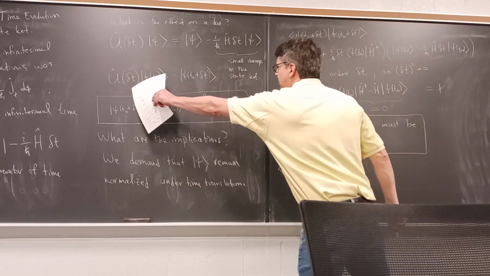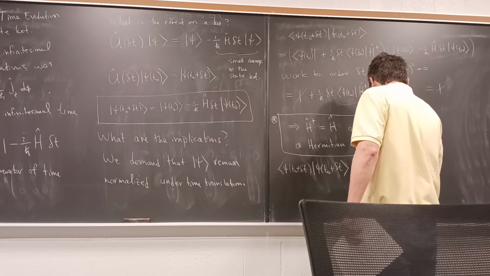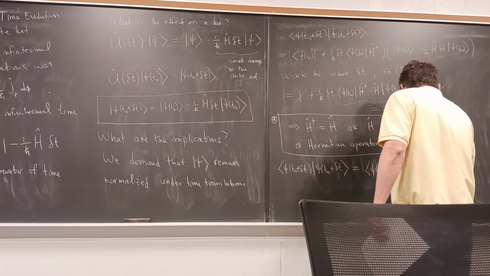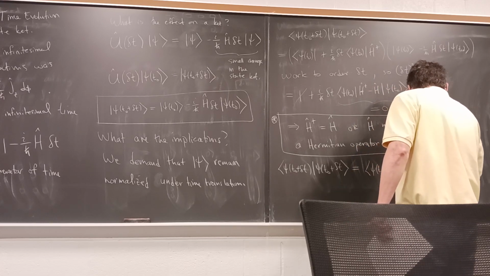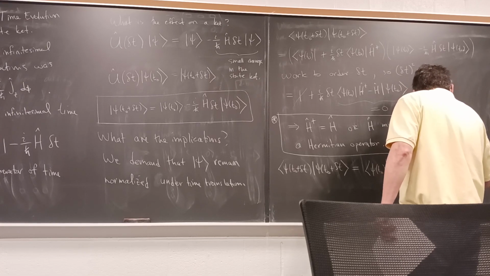I can write it as u of delta t times that. So this is just psi at t0 times u hat dagger of delta t, u hat of delta t, psi at t0.